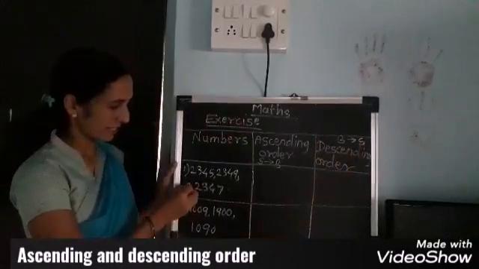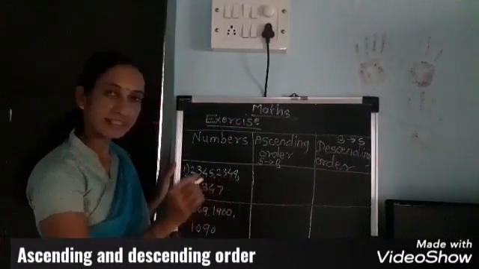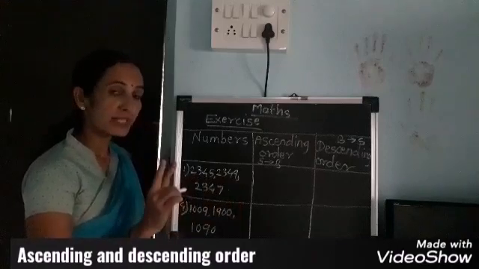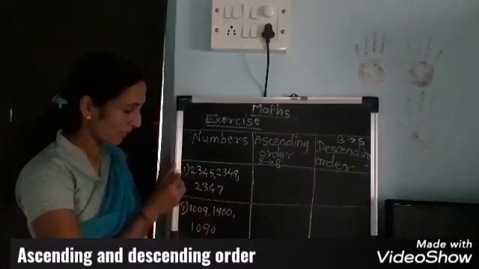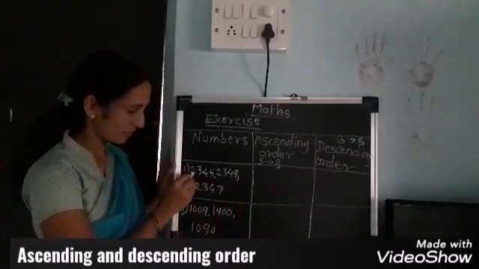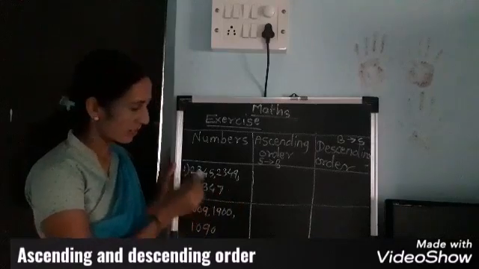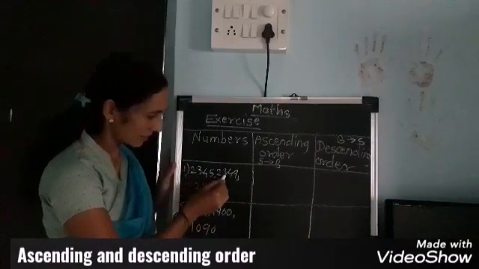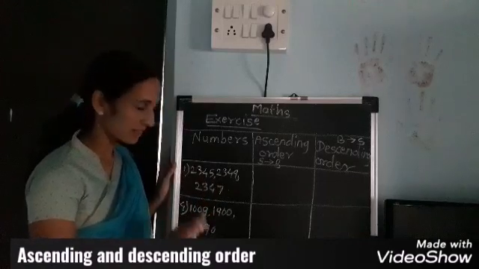Now the first example. See what I have told, 4 digits are there in each number. So to understand bigger and smaller, first we have to compare the thousand place. From this side, first one, here 2, 2, 2. So don't consider 2. Now the 100 place. Here 3, 3, 3. Same digits, don't consider the 100 place also.